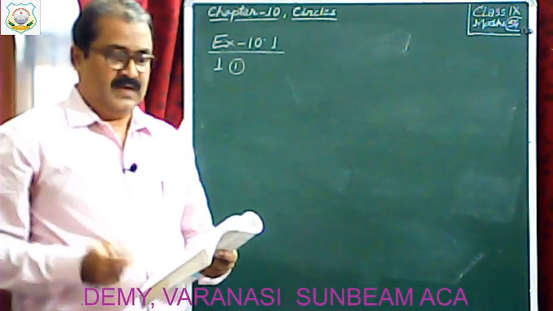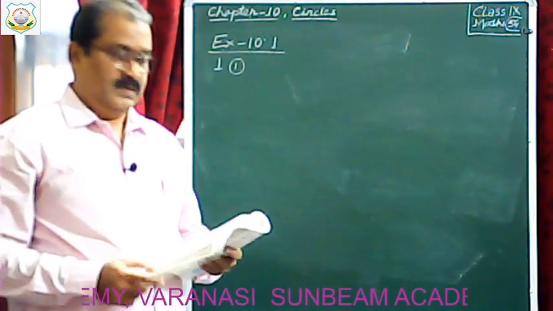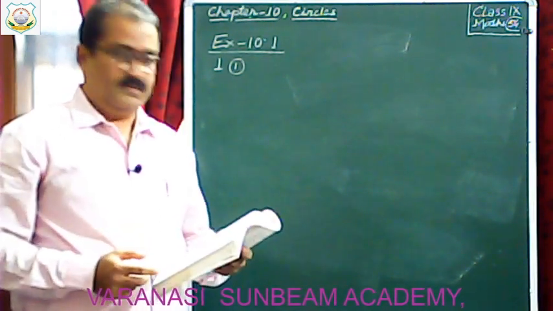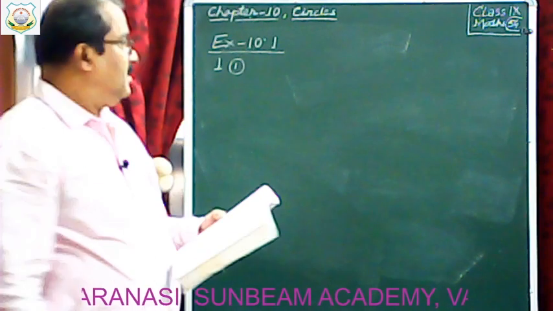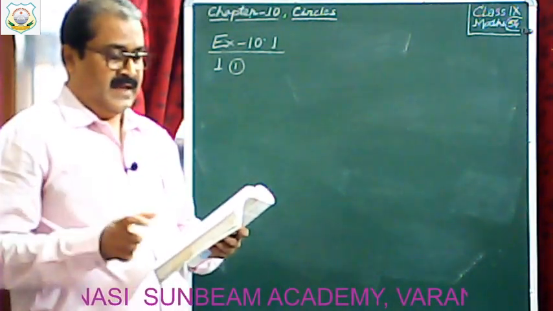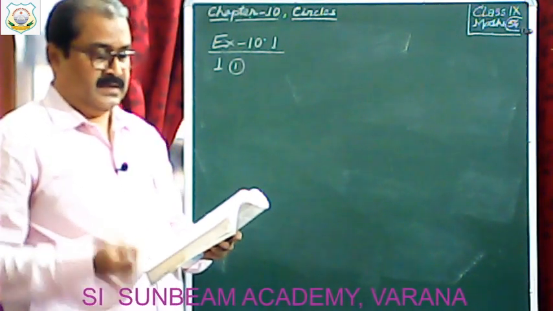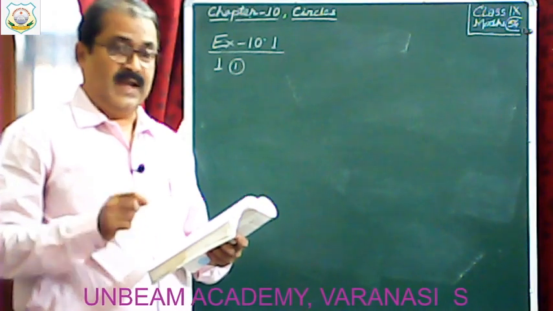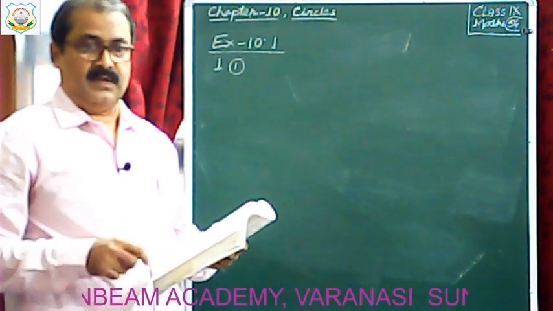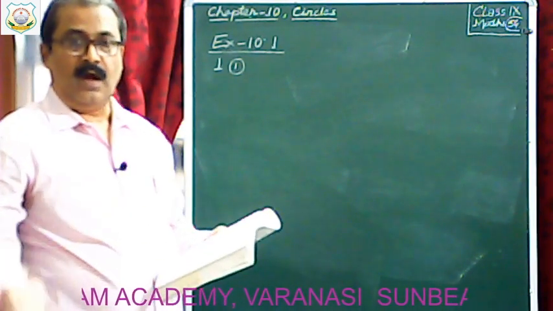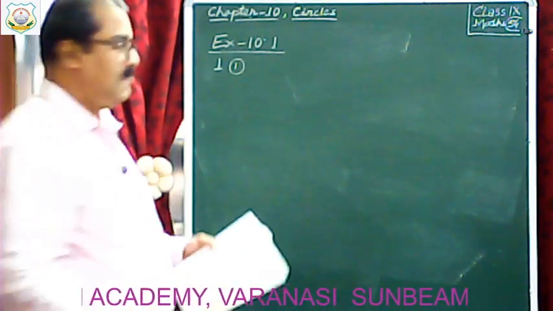Open your NCERT book, exercise 10.1, concerned with all important terms. The center of a circle lies in dash of the circle, exterior or interior. The center is inside the circle or outside the circle? Inside, or interior.